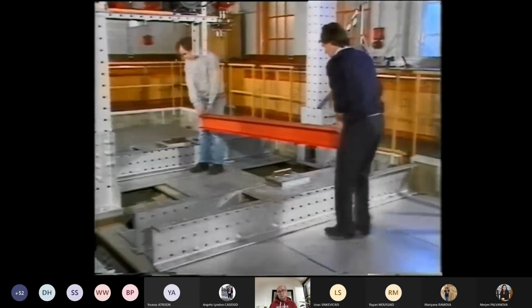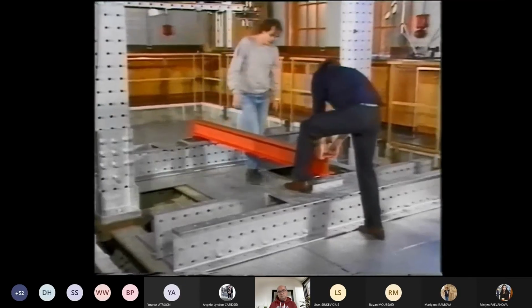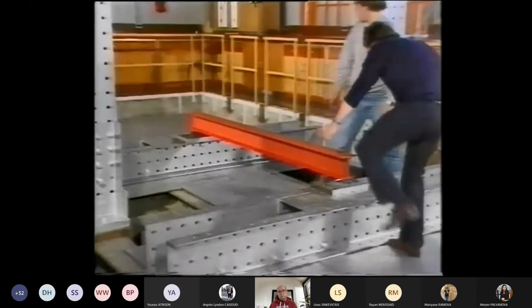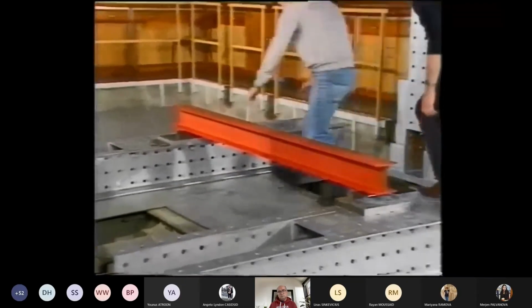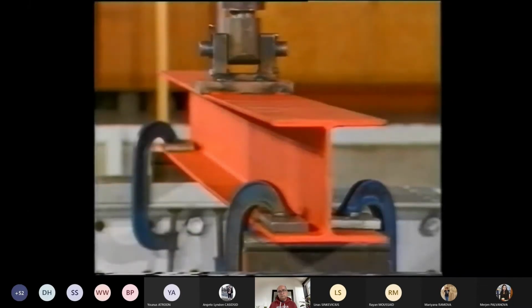The third beam of this series of tests is just over 2 meters in length and is neither very stocky nor slender. The beam is subject to load as before.